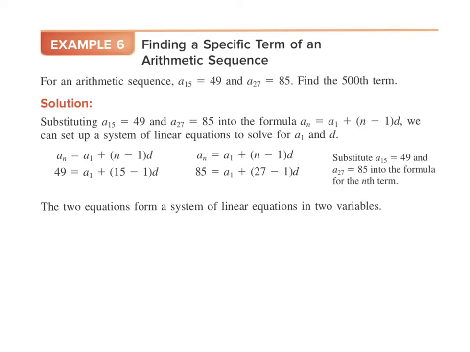So 49 equals a sub 1 plus 14d, and 85 equals a sub 1 plus 26d. So take that and solve that system.